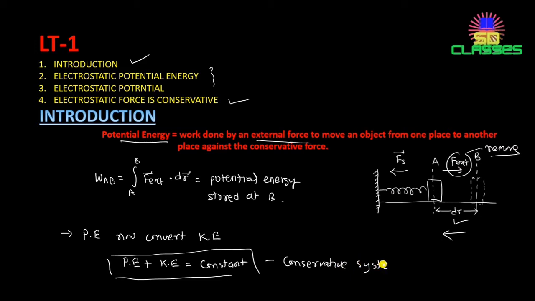The force which enables this conservative system is called a conservative force. So here the spring force is called a conservative force. We are doing work against this conservative force, and this work is stored at B in the form of potential energy.